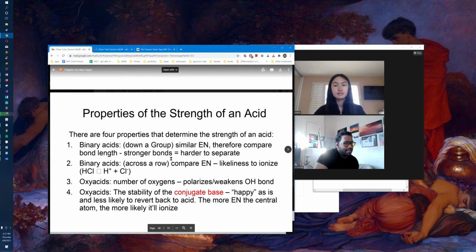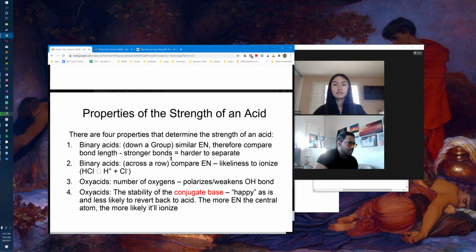And for oxyacids, the more oxygens you have, it actually talks about the stability of the conjugate base. So that's another thing.